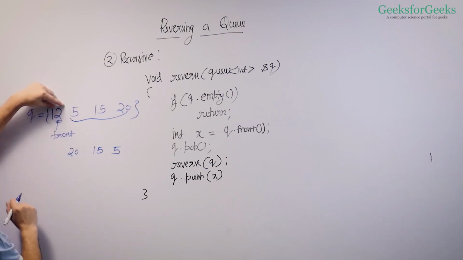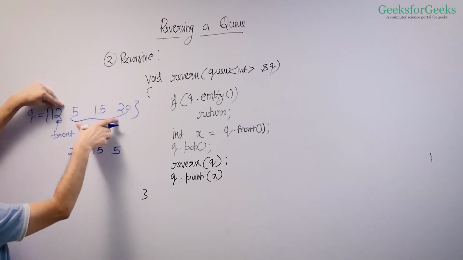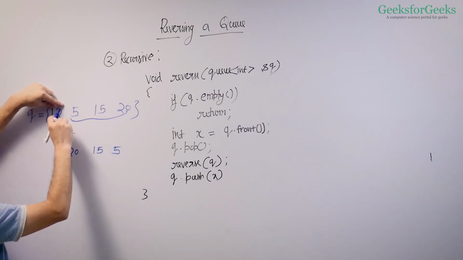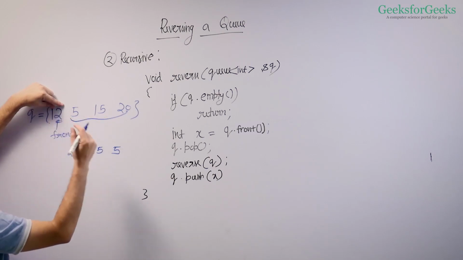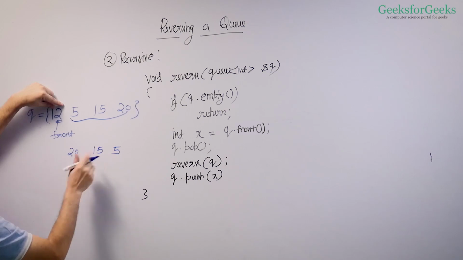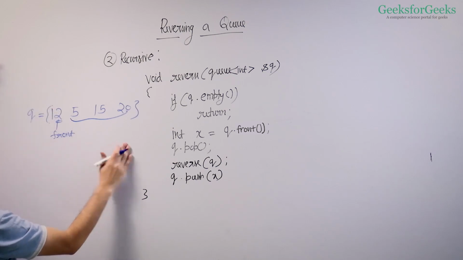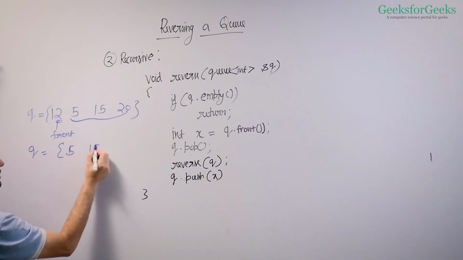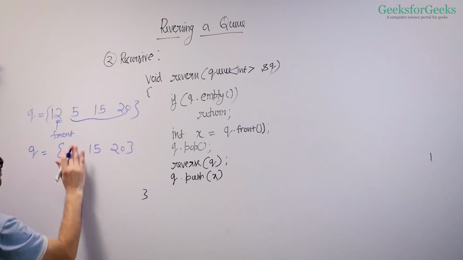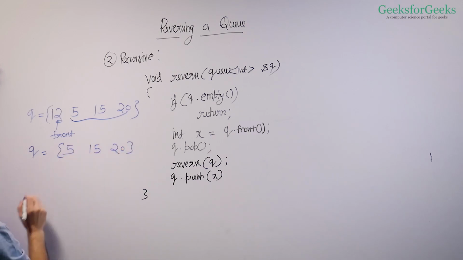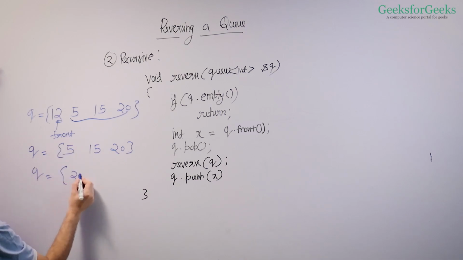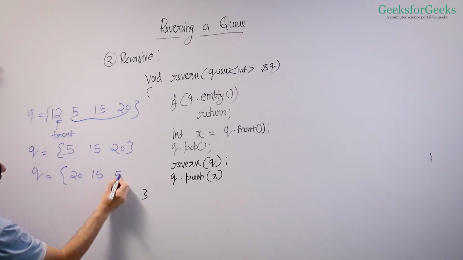And I recursively reverse the remaining n-1 items, and then I push this item once I have reversed the remaining part. So I take out this item and I make the queue 5, 15, 20. I have removed the first item, and then I reverse it recursively. So my queue becomes 20, 15, 5.